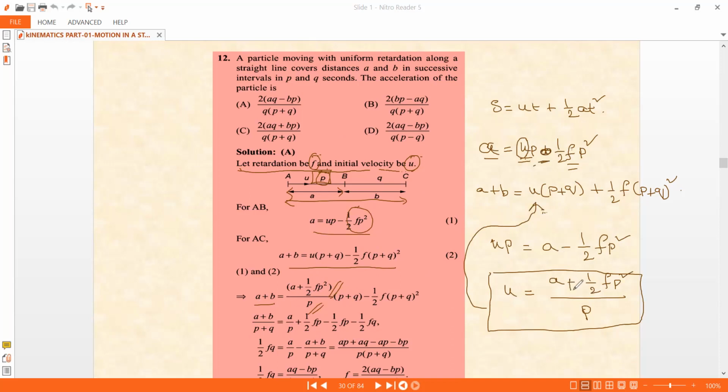It's just a sign. So F is negative of A, or A is equal to minus F. Whichever way you like to put it, you can substitute, and this is how you get the value of U, and this U will be substituted here.